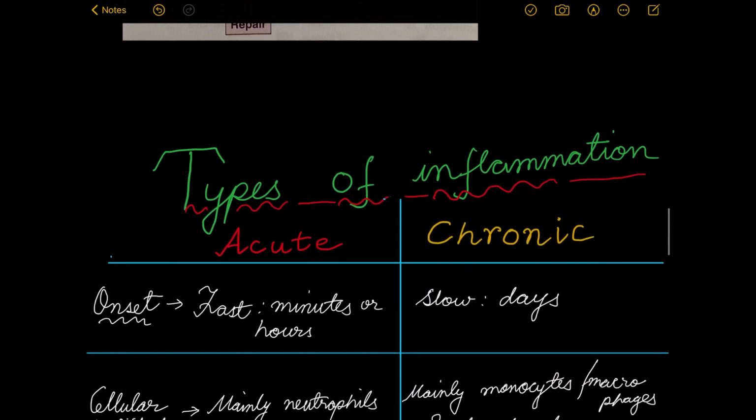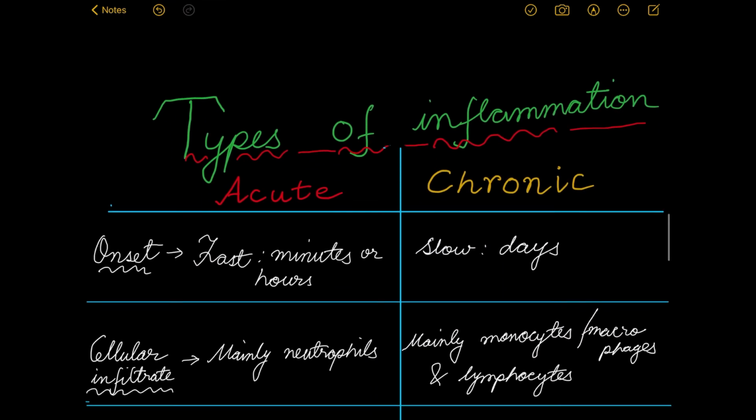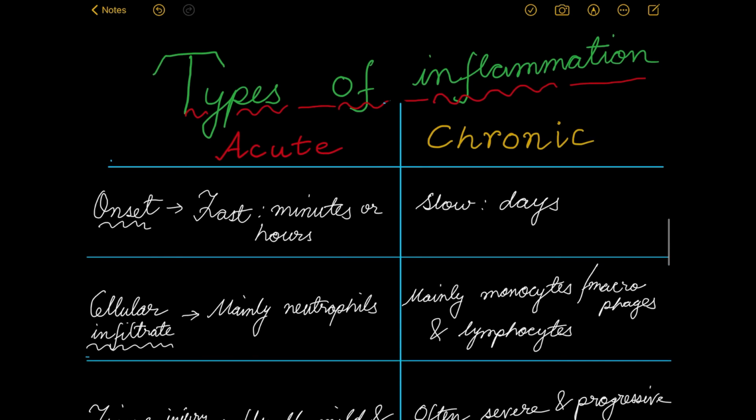is acute and chronic. Now, acute, chronic, these are two terms which will be very much used throughout pathology, and hence we need to actually familiarize ourselves with these two terms, acute and chronic.